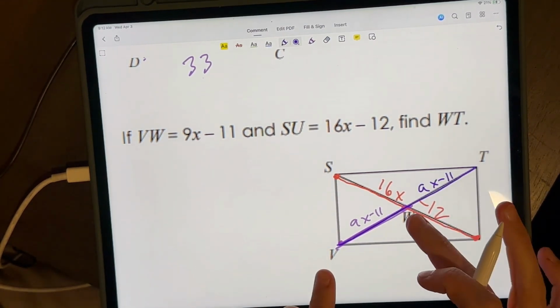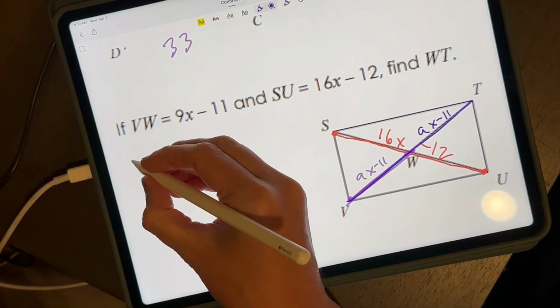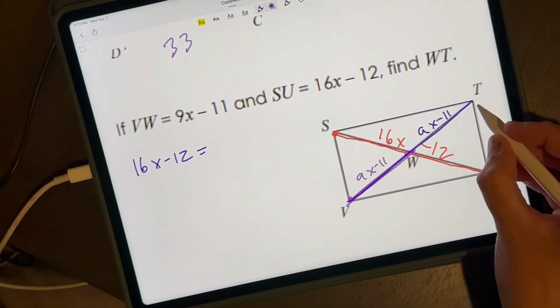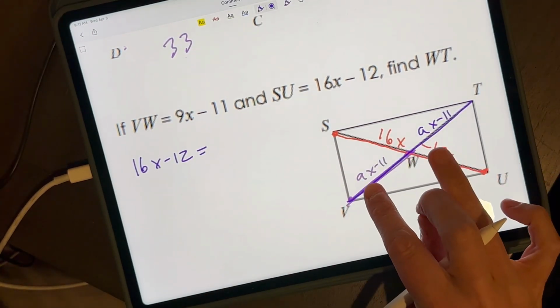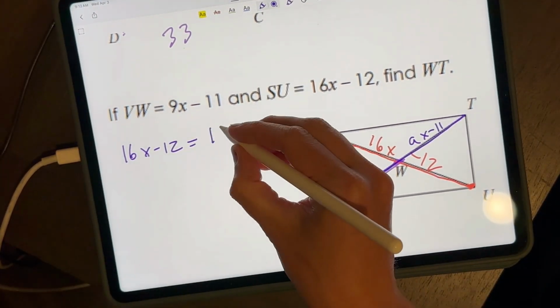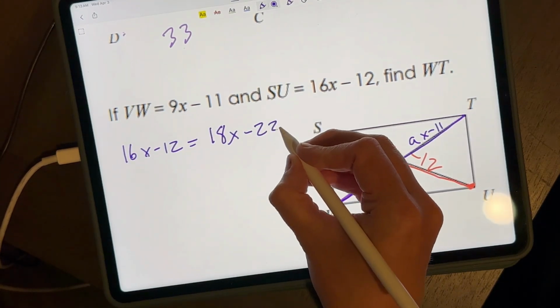So SU is 2 of this. So STU is 16x minus 12. V to T would be 2, so it'd be 9x plus 9x, which is 18x. And negative 11 minus 11 is negative 22.